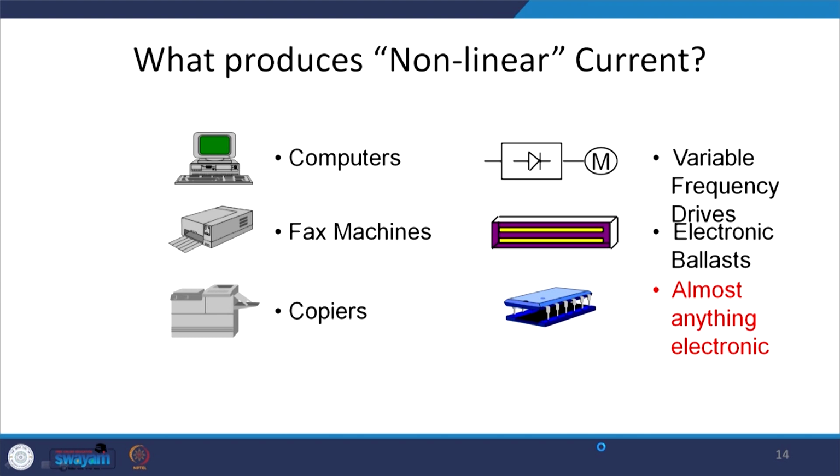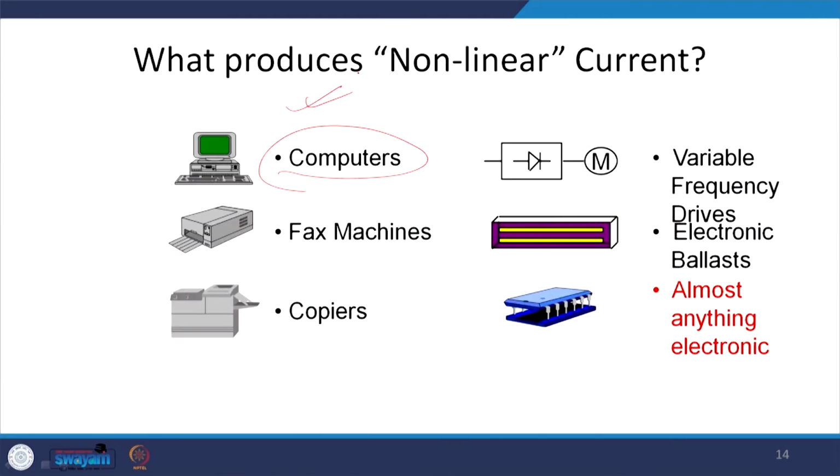For example, a computer comes with SMPS. SMPS is essentially AC to DC conversion, thereafter DC to DC conversion, and it has rectification. This rectification is a nonlinear conversion, and thus it causes the injection of harmonics.